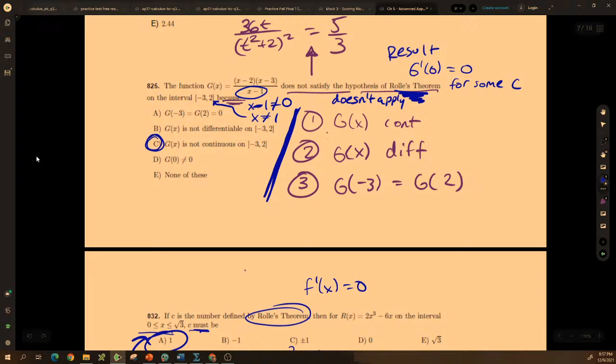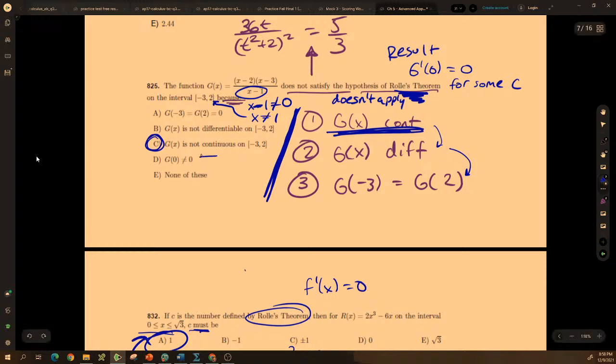First you want to check, is g of x continuous? And so that will take precedence. So g of x is not continuous, that's my answer. If it was continuous, then you would move on and check if it was differentiable. If it was differentiable, then you would plug in the endpoints and make sure that those are equal. All three of those had to be true.